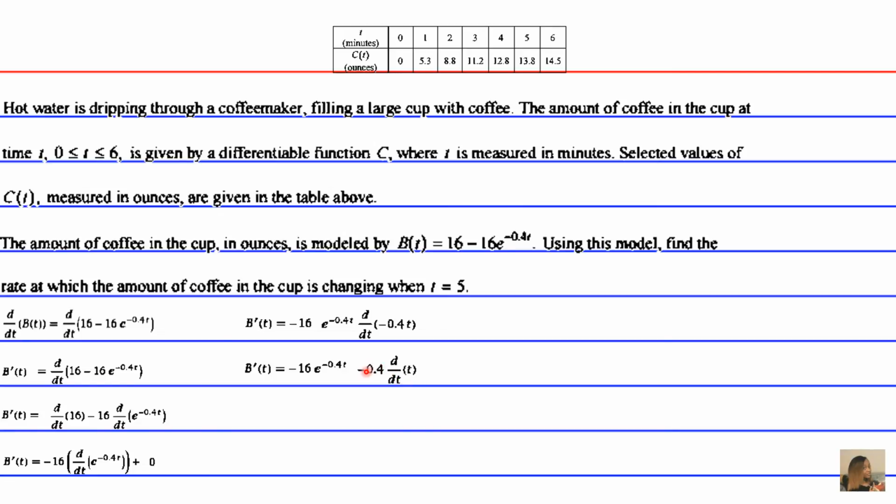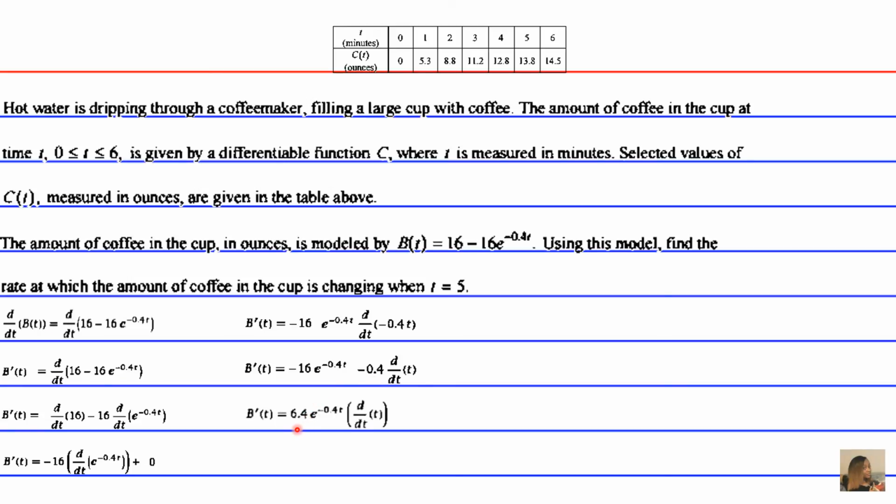And we can just go ahead and multiply negative 16 times negative 0.4. And, well, if you don't know how to do this, you can just say to yourself, well, 4 times 16 is 64. So a negative 16 times a negative 0.4 is going to yield a positive 6.4 because we just shift the decimal place one space to the left, okay?